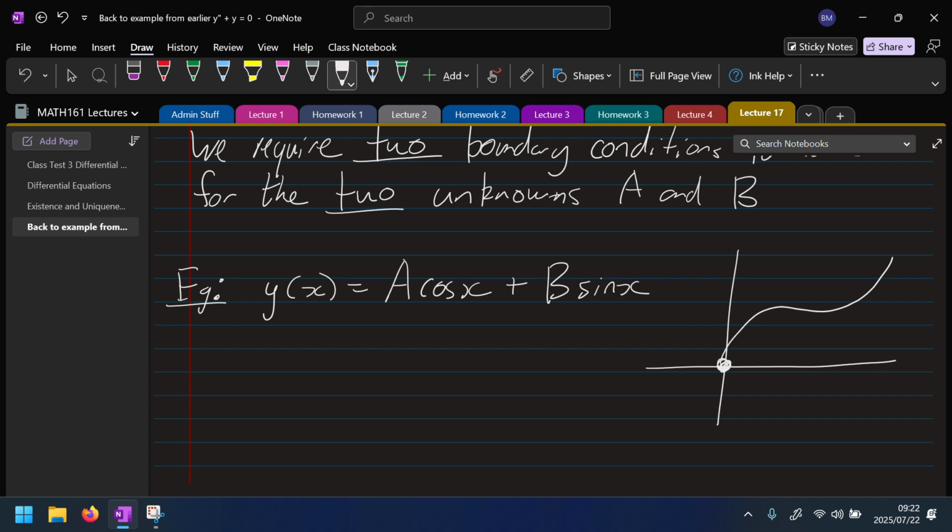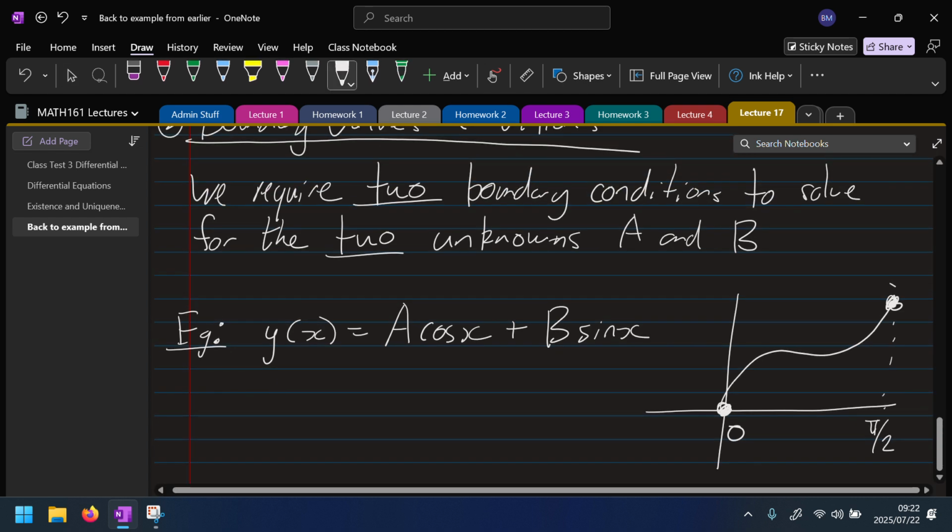We're going to have a starting point, and we're going to have an ending point. Those are the boundaries to the problem. So whatever the solution is, we're going to say it only starts at that first point and it ends at the second point. So let's say it's from 0 to pi over 2. So we're only interested in the solution from 0 up to pi over 2.